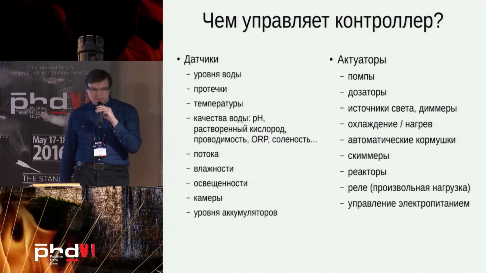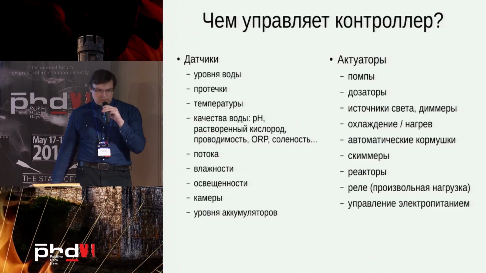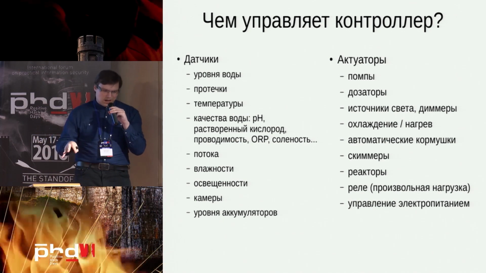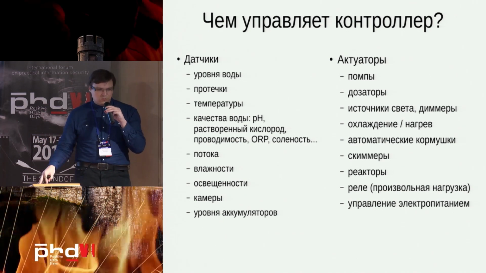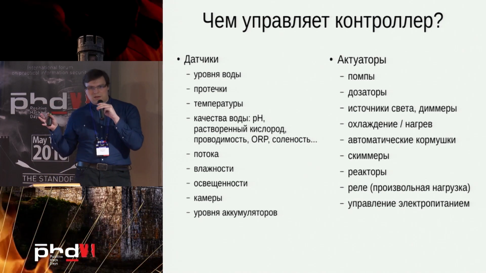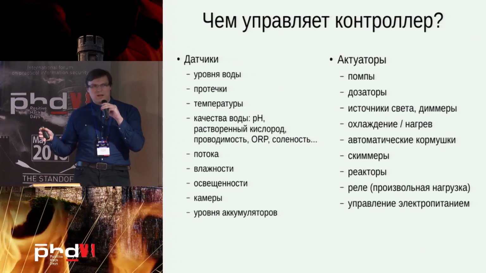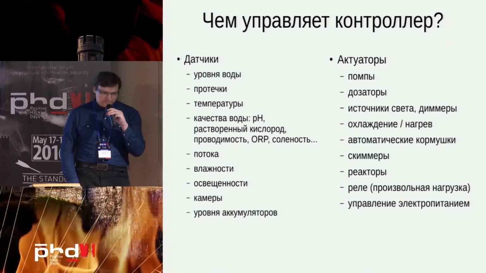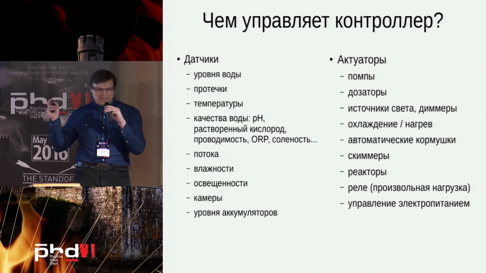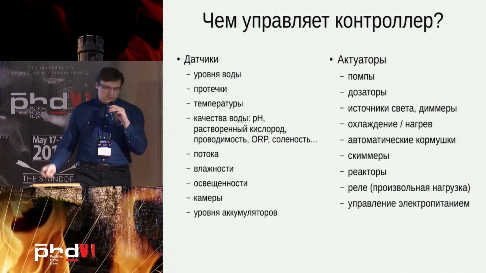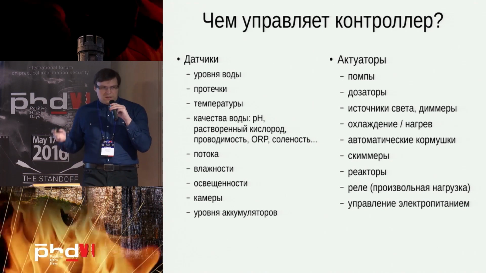Just a few words about what is controlled by controllers in such closed systems. There are a lot of sensors such as water level, leakage gauges, detectors, temperature gauges, water control gauges, which is very important for aquariums, for which it is crucial to be able to be in control of pH, dissolved oxygen, and so on and so forth.